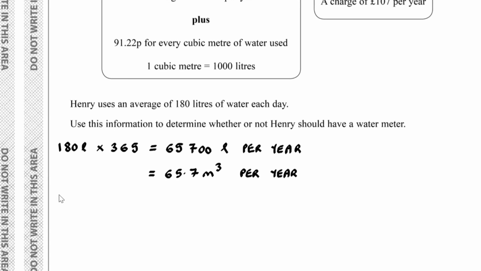So for the cost, we would have the fixed charge of £28.20, and then we add on 65.7 multiplied by the cost per cubic meter, which is 91.22p. So let's find out the cost.